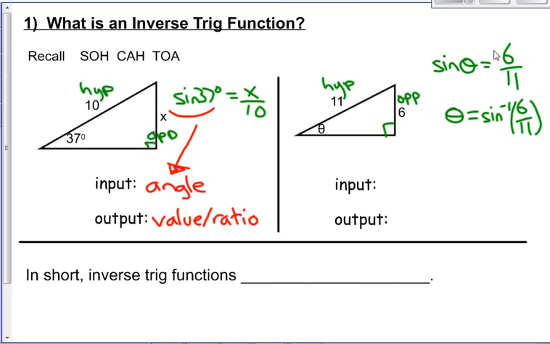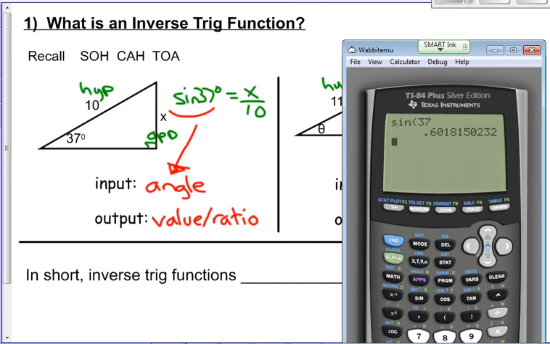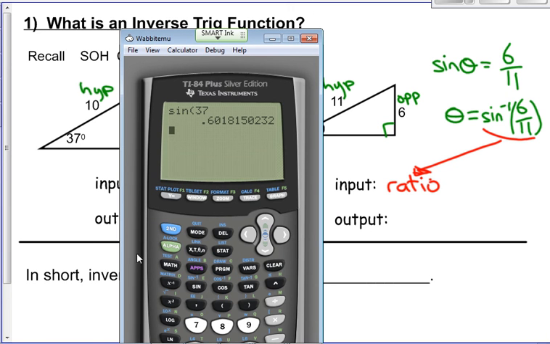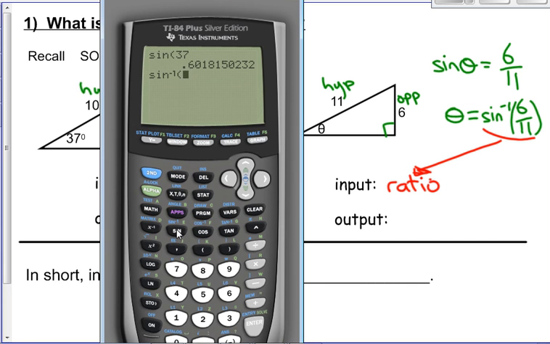So what are we putting into that? We're telling it about the ratio in this case. And when I put that into the calculator, inverse sine of 6 over 11, the thing that it gives us is the angle.